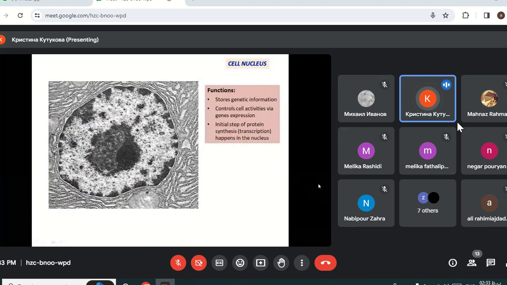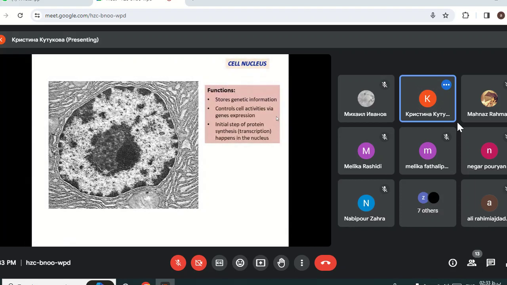Next, cell nucleus. Cell nucleus, shown in here. Its functions are that it stores genetic information in form of DNA. So DNA of the cell, most of it is inside the cell nucleus, but also some DNA is located inside mitochondria. Next, cell nucleus controls cell activities via genes expression.